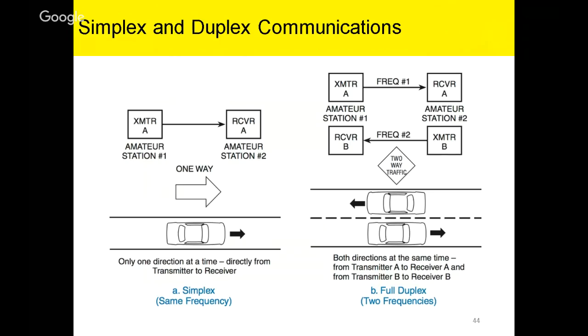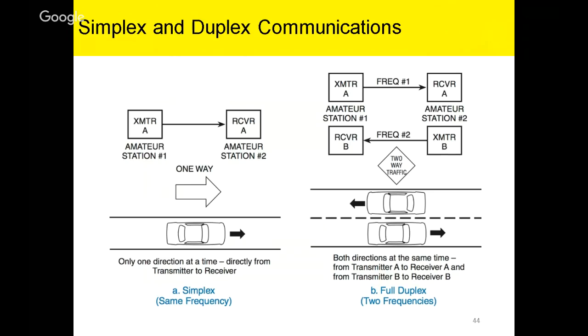You're transmitting and receiving on one frequency, and your buddy is transmitting and receiving on that same frequency. There's only one frequency involved. It could be the national calling frequency for VHF on 2 meters, which is 146.52 megahertz. That is pretty much a designated simplex frequency.